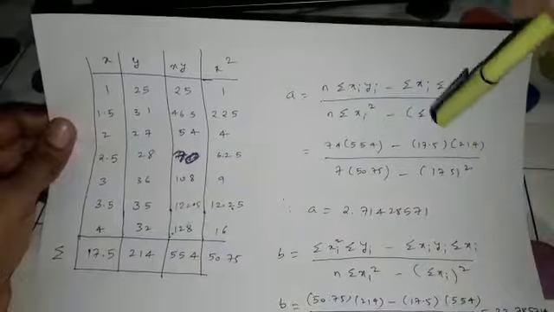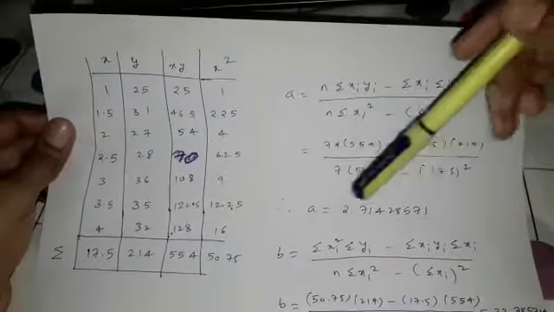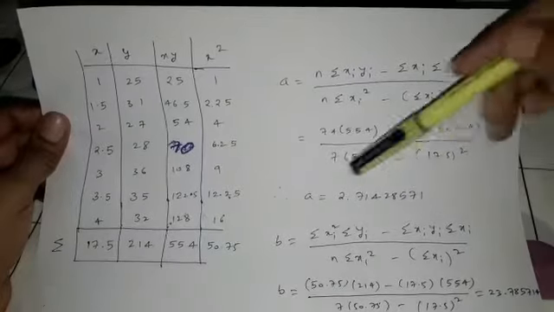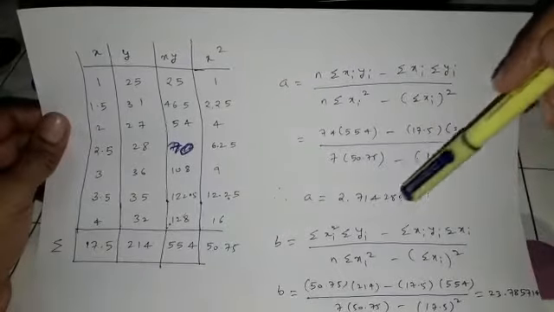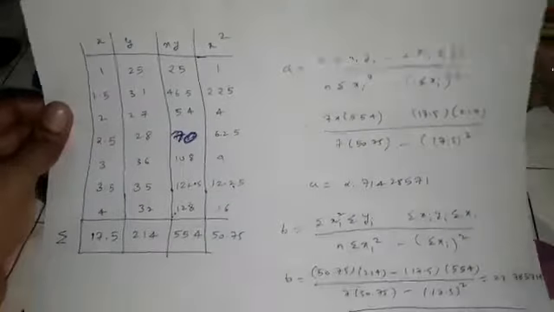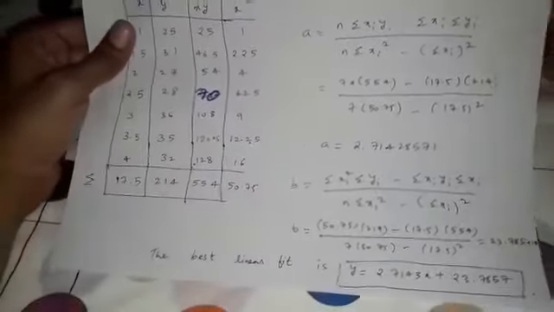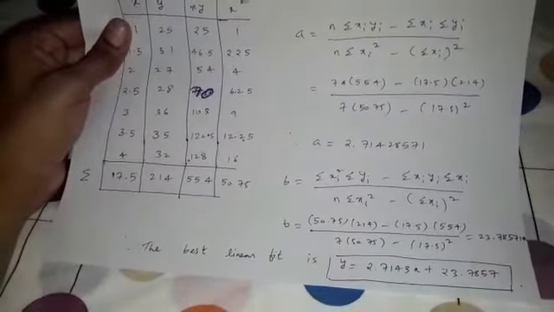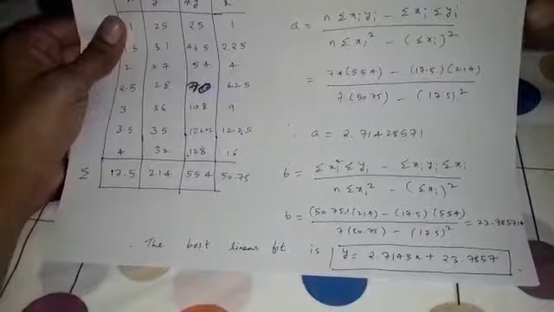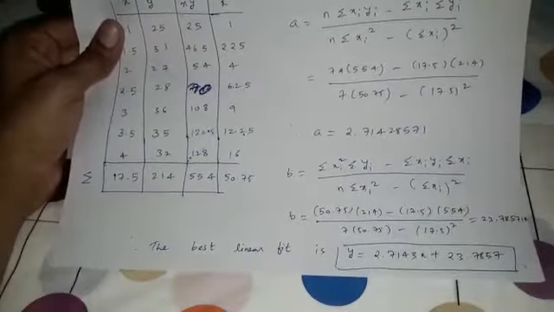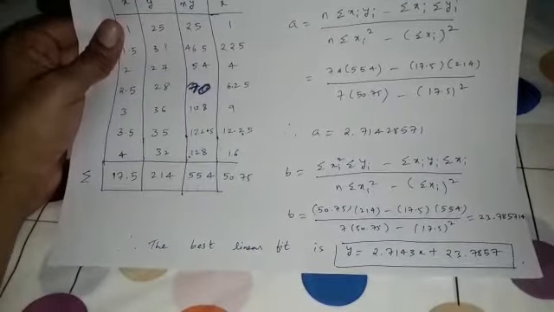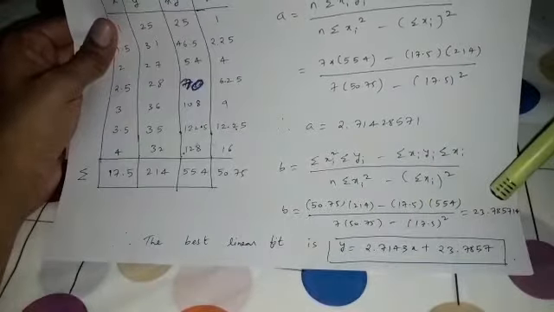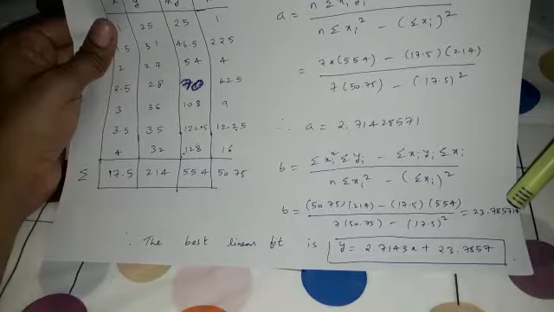If you plug in the values and calculate, you will get a as 2.71428571. In the exam, do up to only 4 digits, no need of 7 or 8 digits. Up to 4 digits after the decimal is recommended, since this is an approximate function. The more digits, the more accurate the solution, but in the examination just round to 4 digits. Similarly, if you find the value of b, you will get 23.785714.